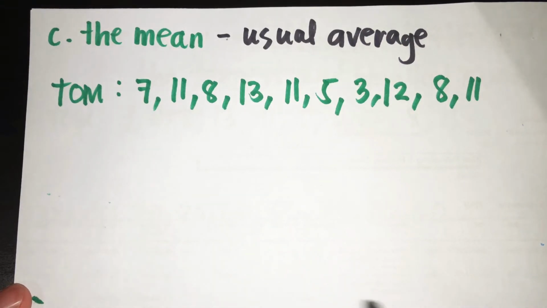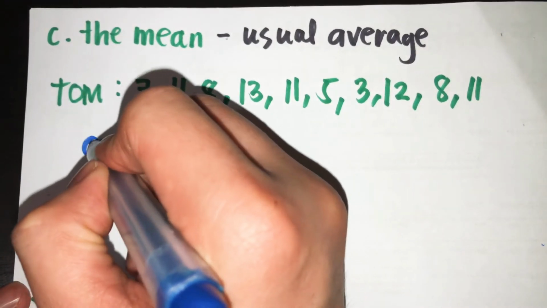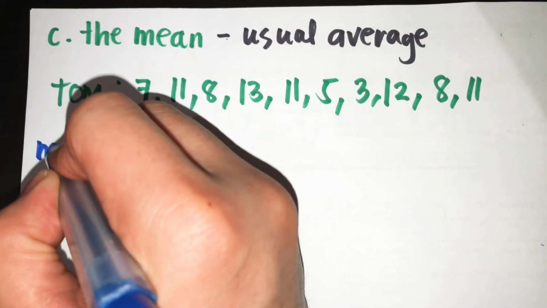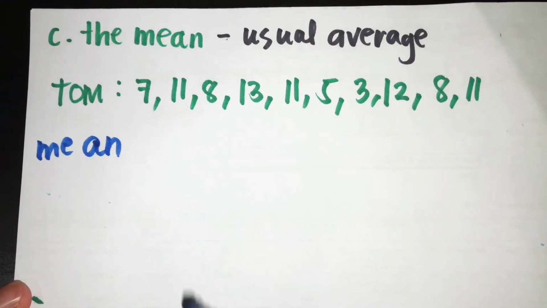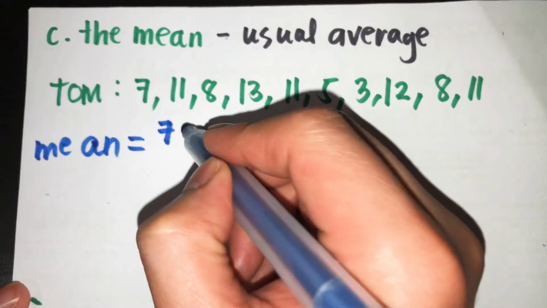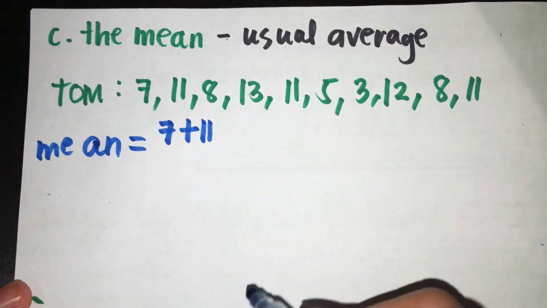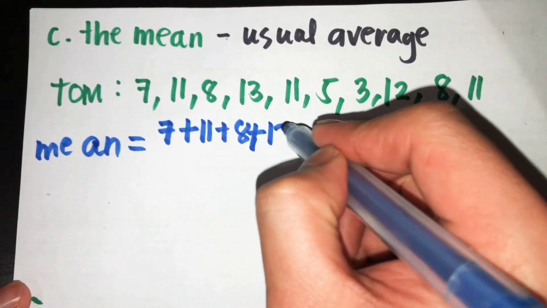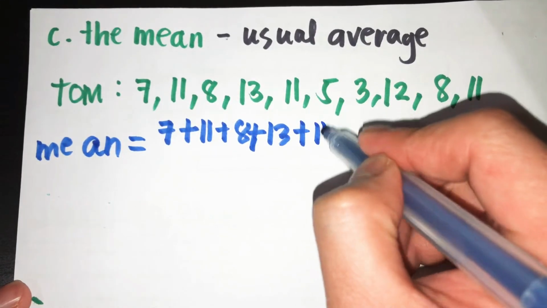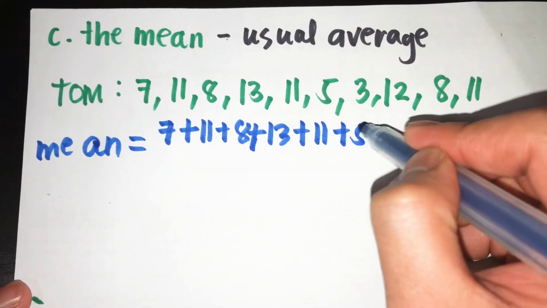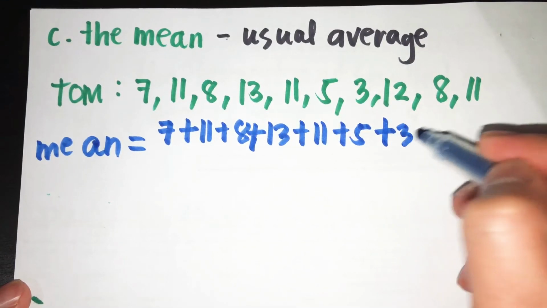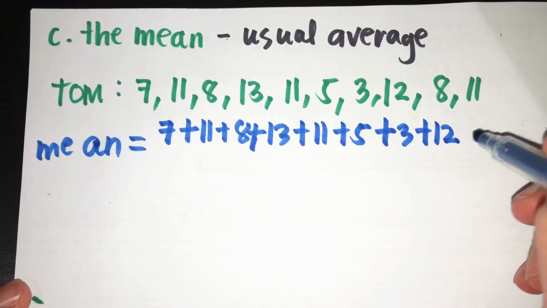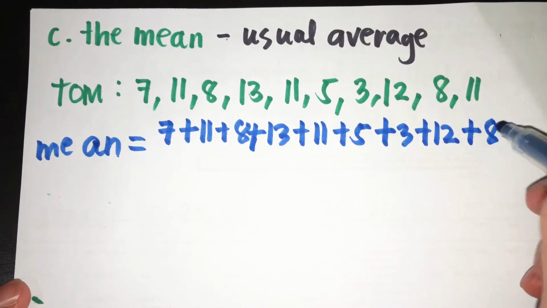So in this case, we have mean is equal now to 7 plus 11 plus 8 plus 13 plus 11 plus 5 plus 3 plus 12 plus 8 plus 11.